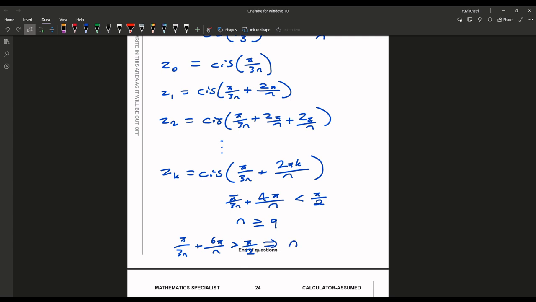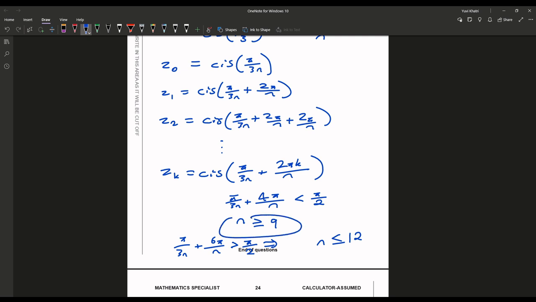we get n is between 0 and 12.67. We obviously know that n is greater than 0, so we can just ignore this. And we know that n is less than 12.67, but since n is an integer, that means that n is less than or equal to 12.